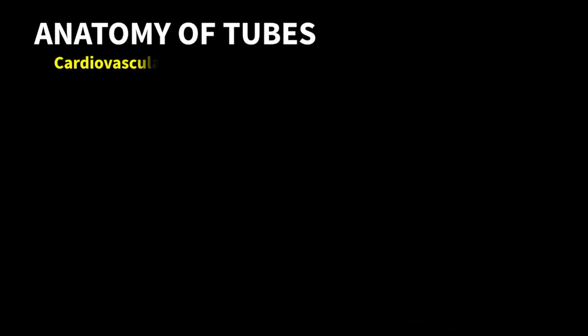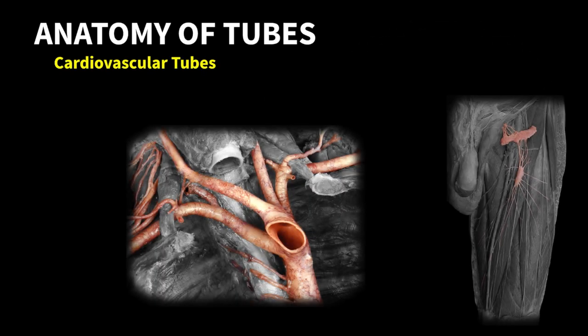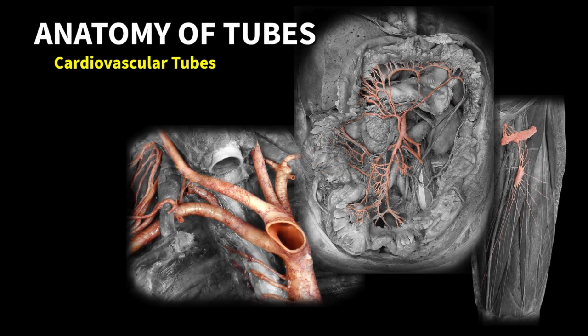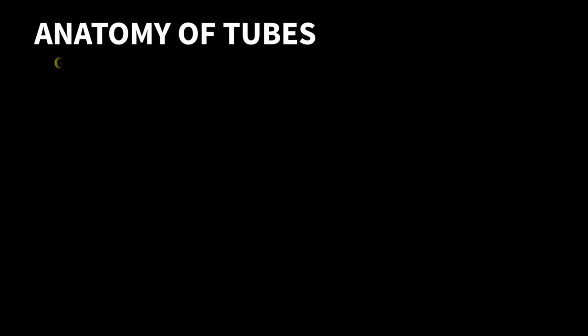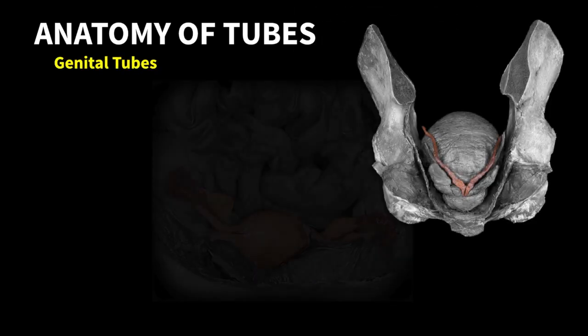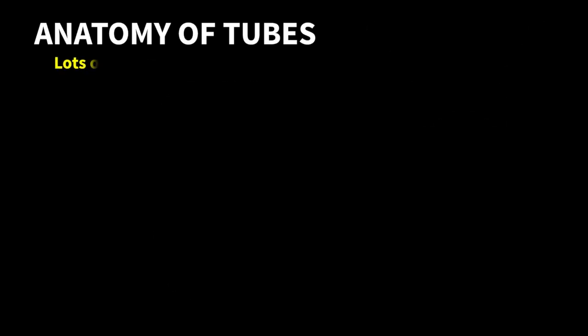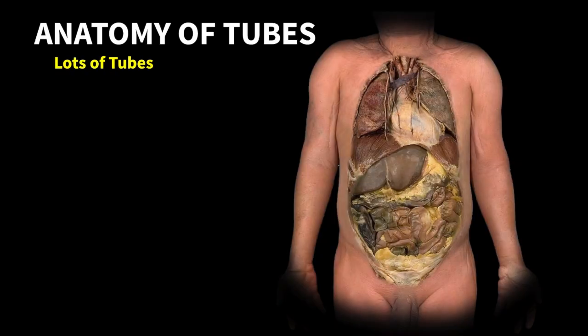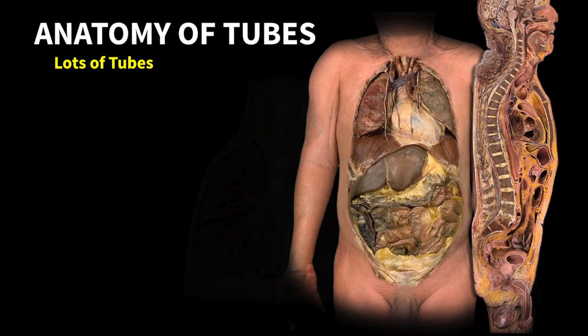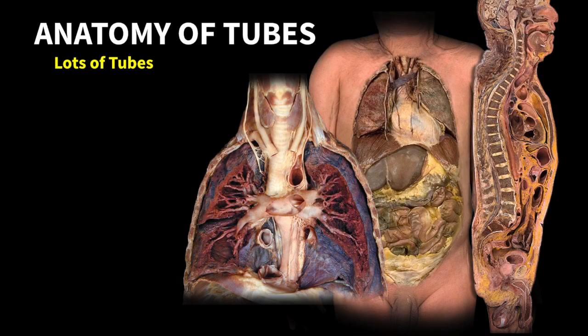The cardiovascular system is a system of tubes. And the genital system is a system of tubes. So no matter how you cut it, it is quite evident that the body consists of quite a large number of tubes.